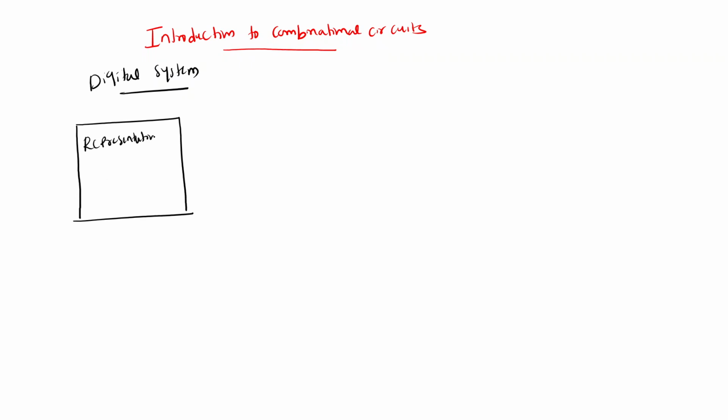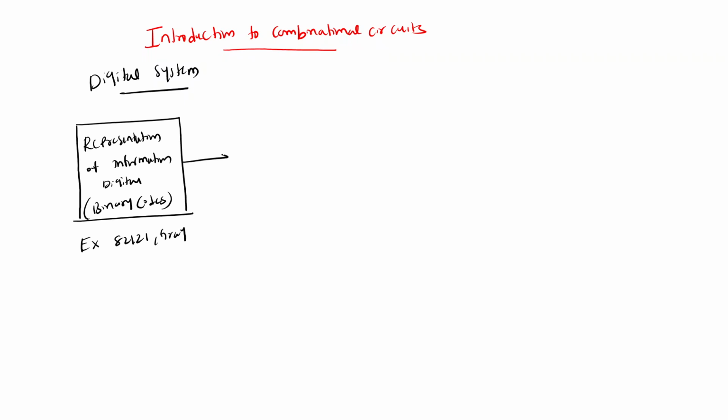We already saw number systems, binary codes, and conversions, for example 8421 and Gray code.